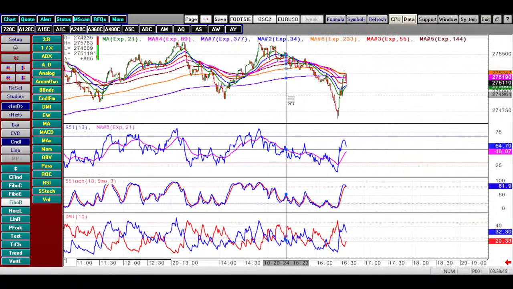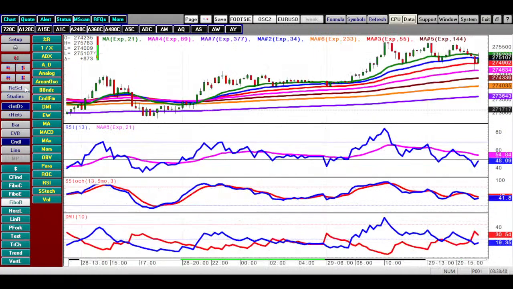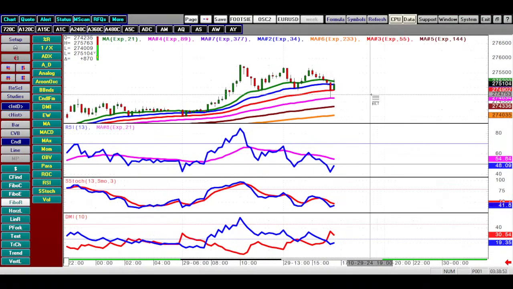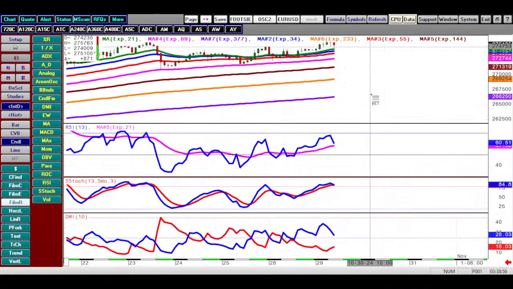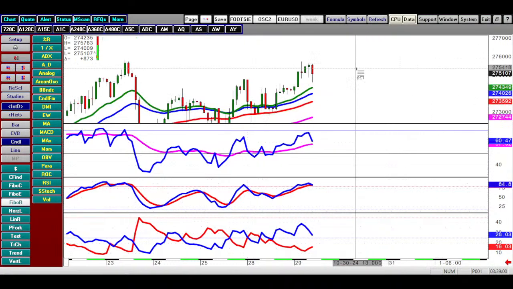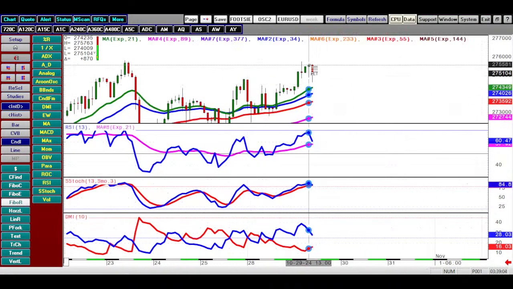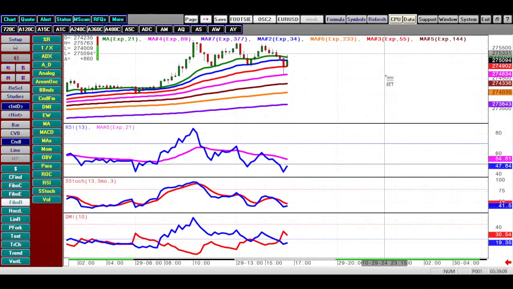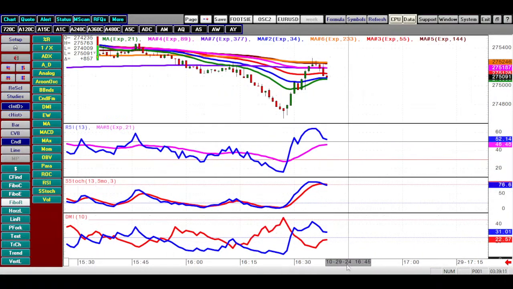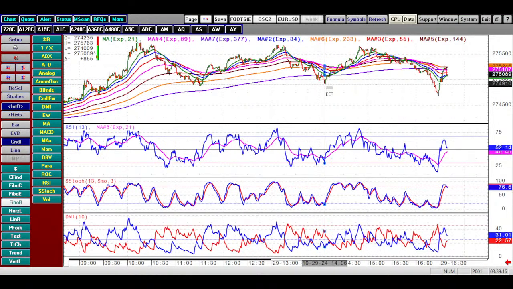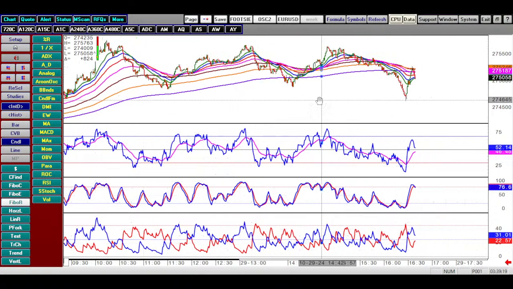If that's the case, let's see, because we are seeing a strong pullback.